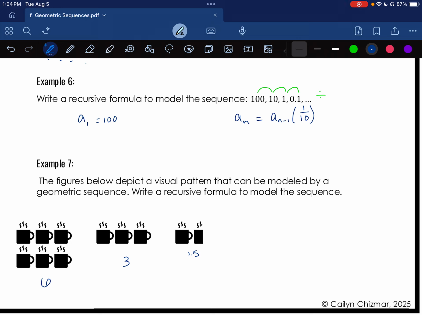So what's going on here is that these were being multiplied by 1/2, aka divided by 2. So of course a sub 1 was 6, and then a sub n for all the other guys is going to be a sub n minus 1 times that 1/2. And there you have it, folks, geometric sequences.